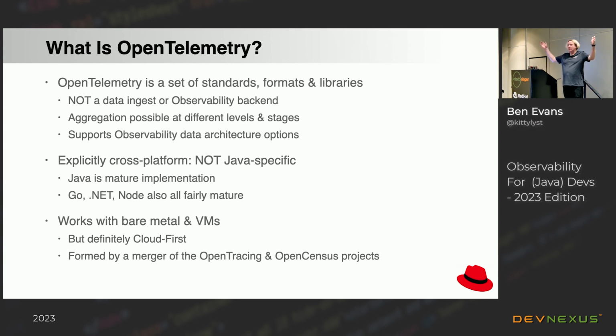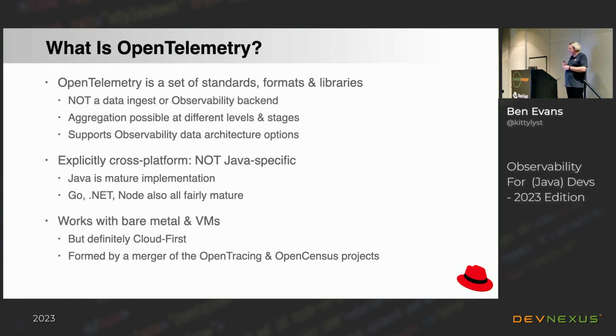OpenTelemetry is a start big, but scale down smoothly. So it does work on small clusters, it does work on just individual applications, but it is designed to also be usable at very large scale. There's a load of people in the design of it who came from Google and who are used to dealing with many, many, many thousands of instances. What else can we say about it?